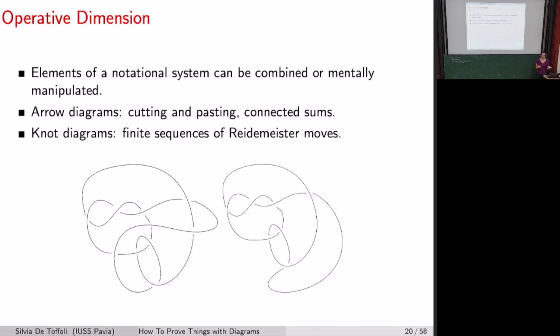But in practice, we don't actually need to appeal to this theorem; we can appeal to a sort of imagination of manipulating things in 3D space. So here, for instance, I don't have to appeal to any theorem to convince you that these two knot diagrams actually represent the very same knot, right? Because it's just the same thing.